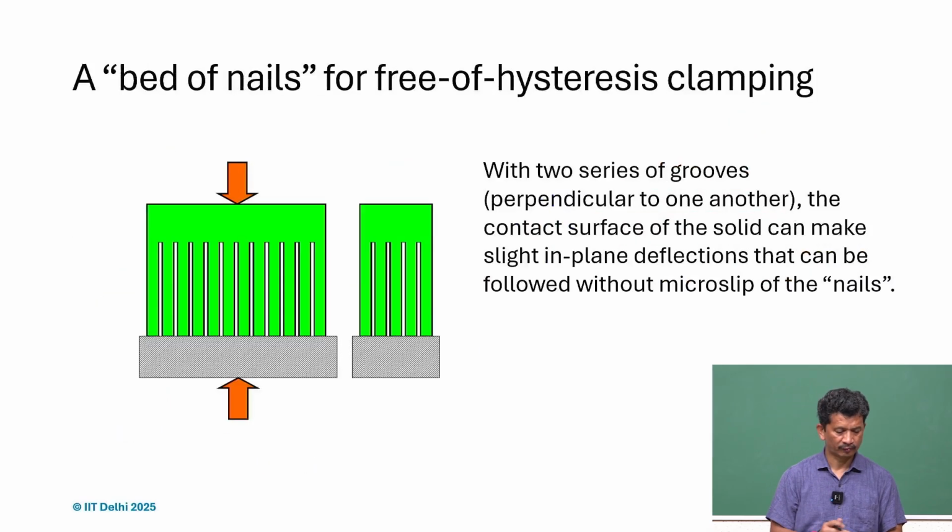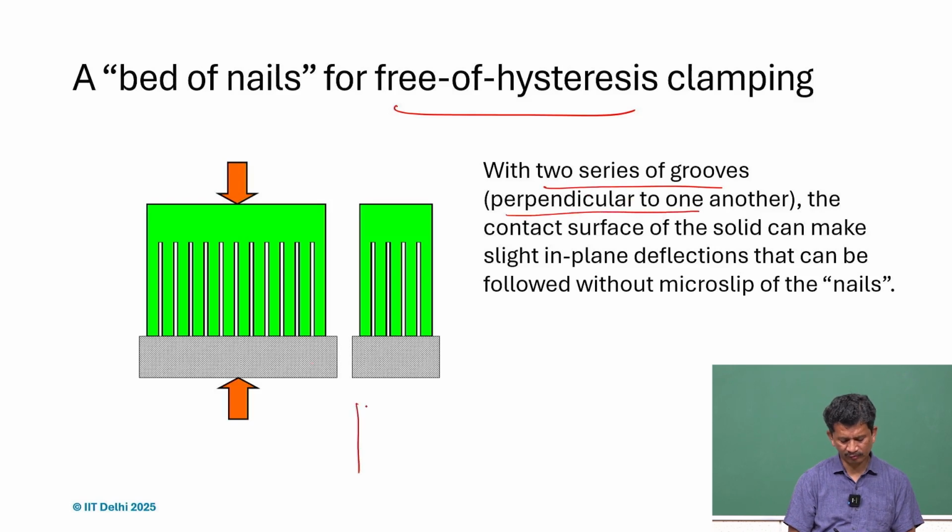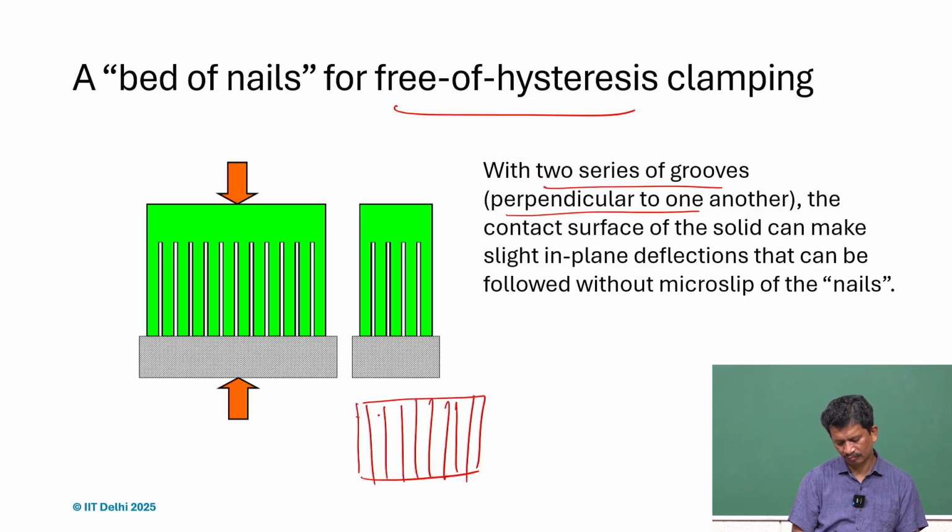So if we really want to have hysteresis-free clamping, going along the similar line, in one plane you make grooves, and for the other direction, this is the side view, you make a groove in the perpendicular direction, so two series of grooves. So at the bottom, if you see, it is more like all the slits, and these are more like individual members.